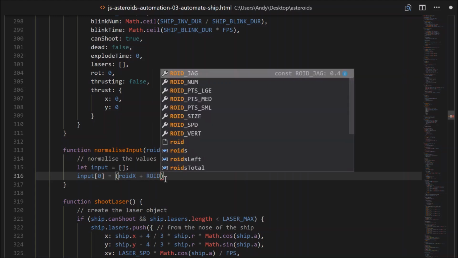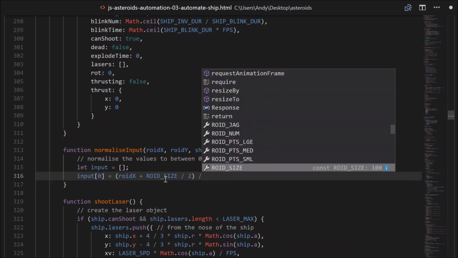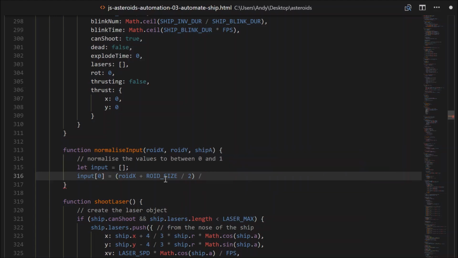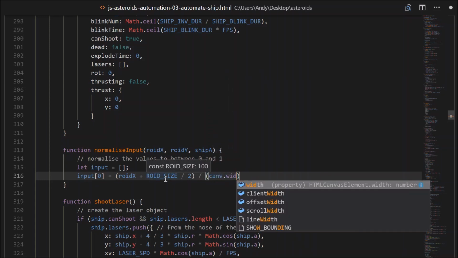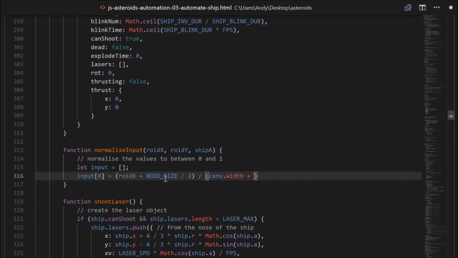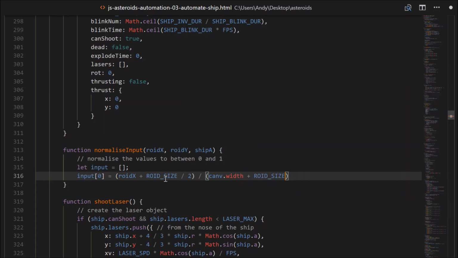So roidSize divided by 2. And we'll have to divide all of that by the new canvas width, including the radius on the left and right. So that'll be canvas width plus the diameter, which is just the roidSize.